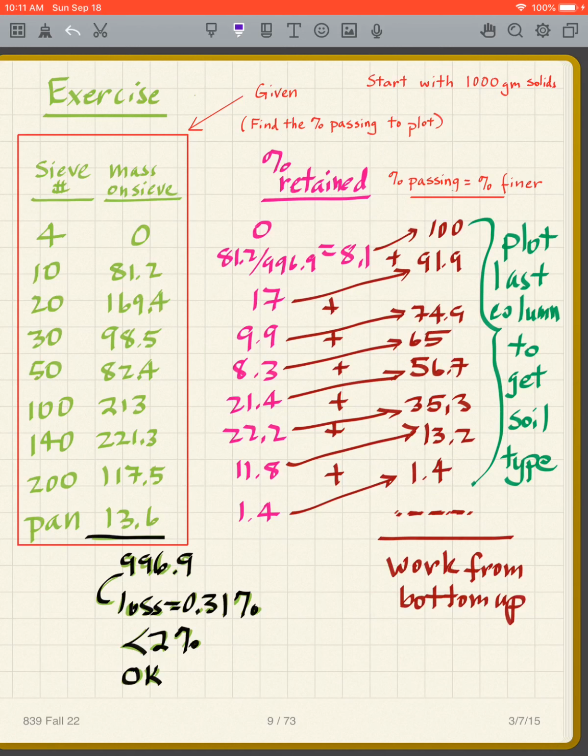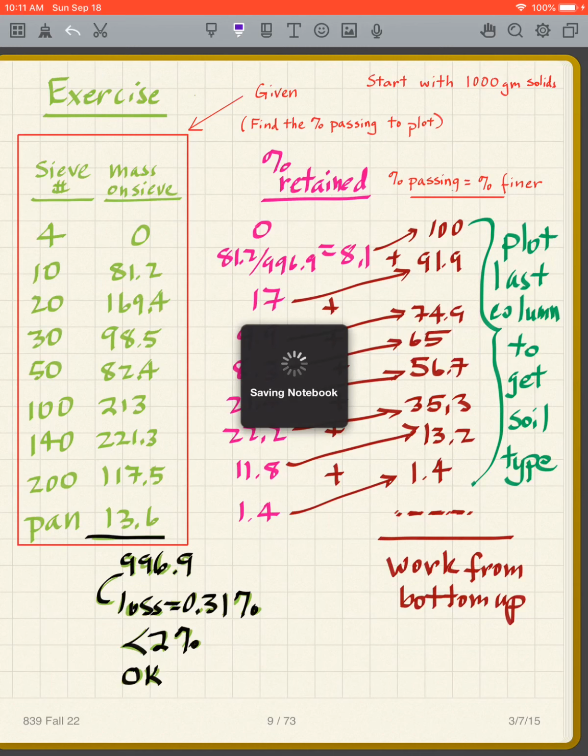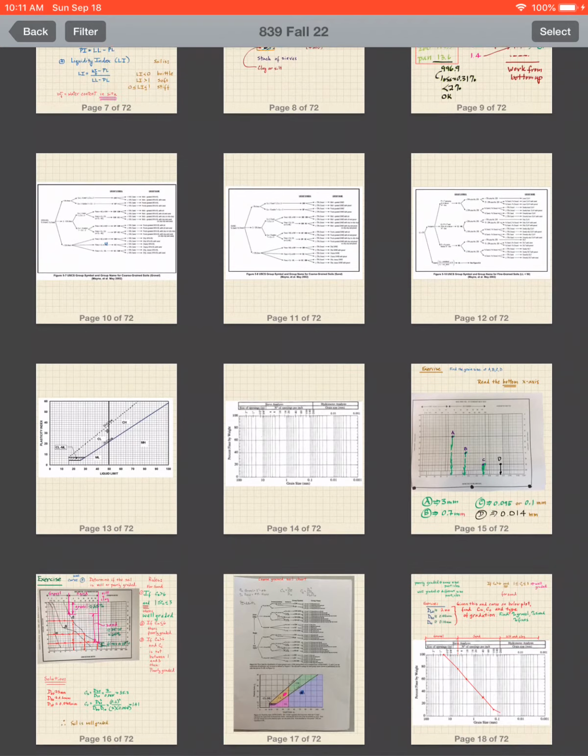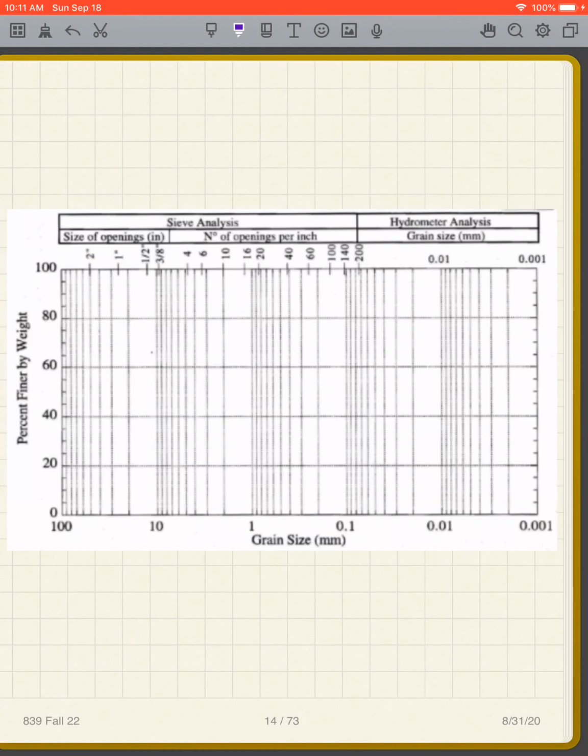And then what I want you to do is to plot this column to get the soil type. So you can plot this on a plot that looks like this. You have to use the top x-axis.